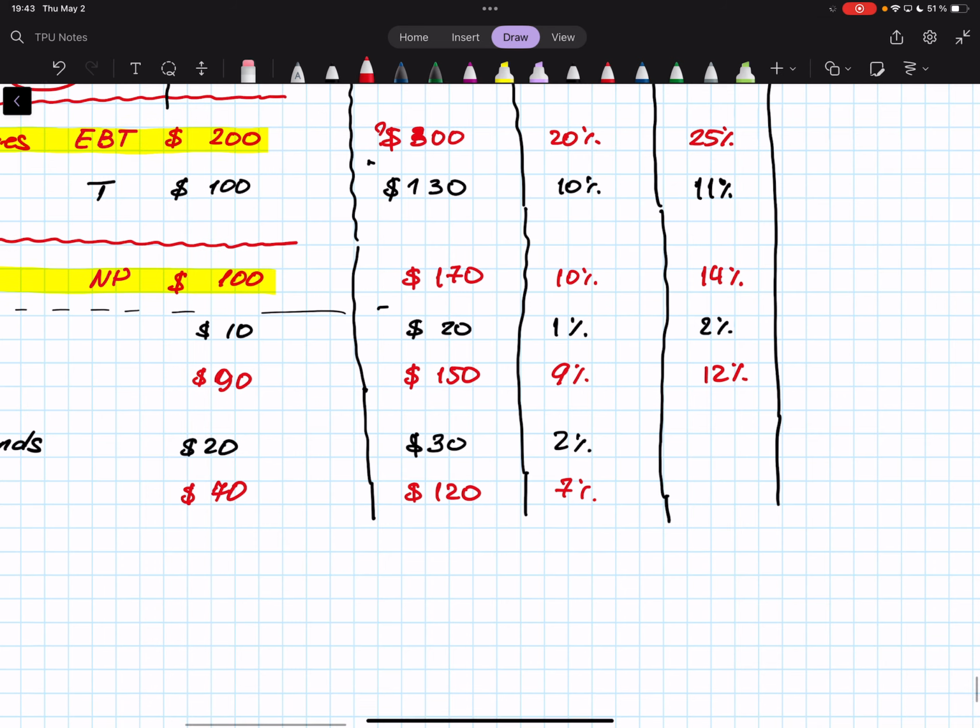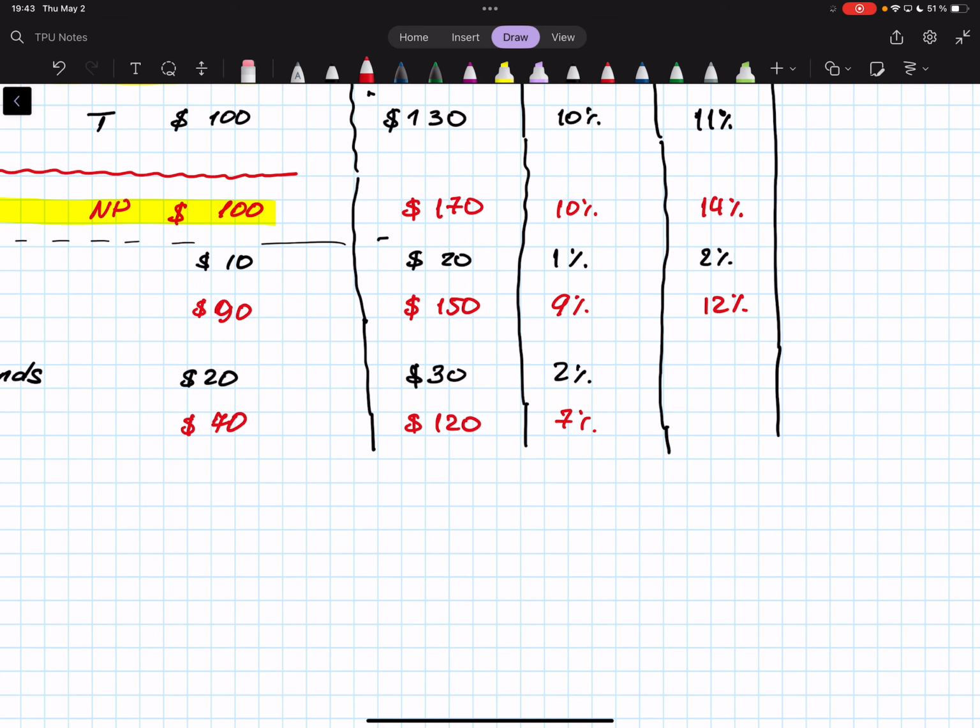So now the $30 of common dividends will be 2.5, almost 3%. So the retained earnings, 12 minus 3, will be 9%.